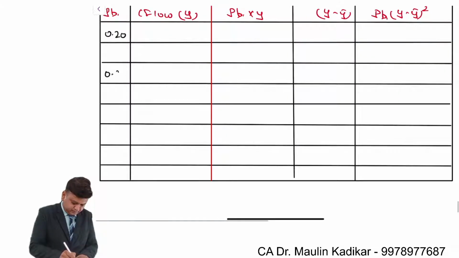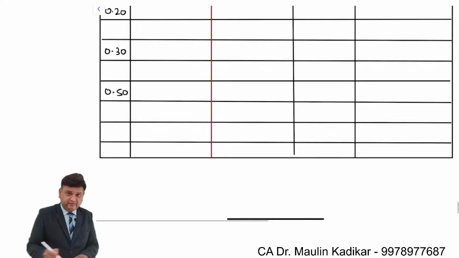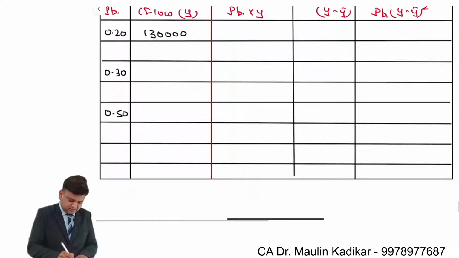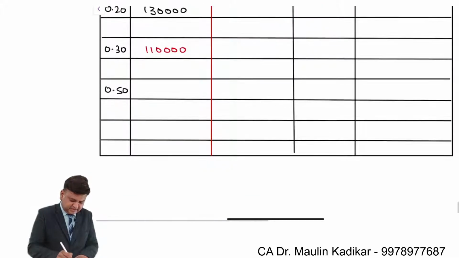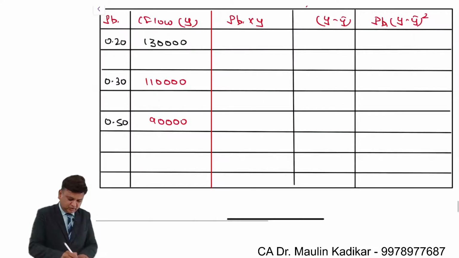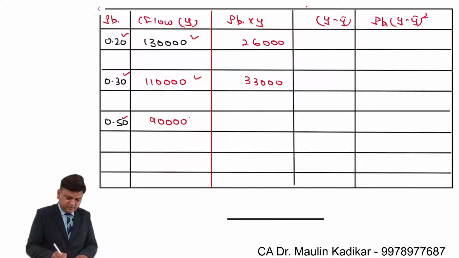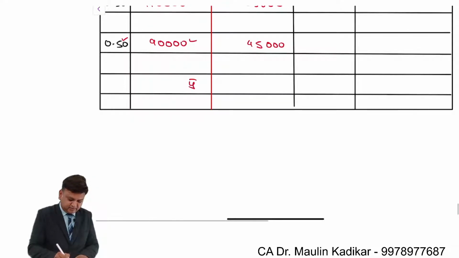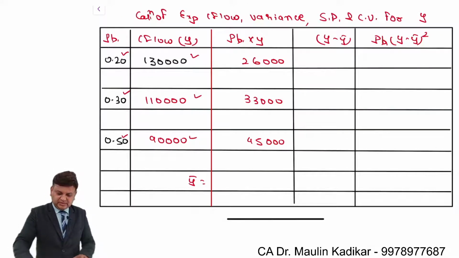Cash flow is 1,30,000, 1,10,000 and 90,000. So 0.2 into 1,30,000, that comes to 26,000. 0.3 into 1,10,000, that is 33,000. 0.5 into 90,000, that is 45,000. This is Y bar. So it is 26 plus 33 plus 45, 1,04,000.